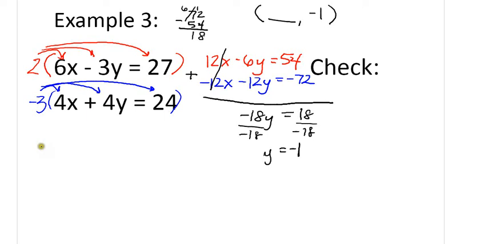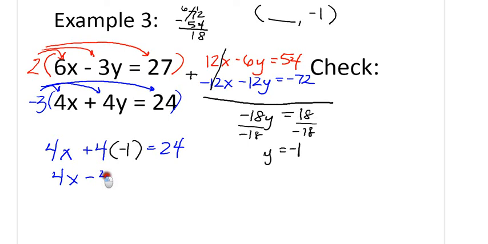So this is going to be 4x. Let's find what x is equal to. Plus 4 times negative 1 equals 24. Here I have 4x minus 4 equals 24. Solve for x.